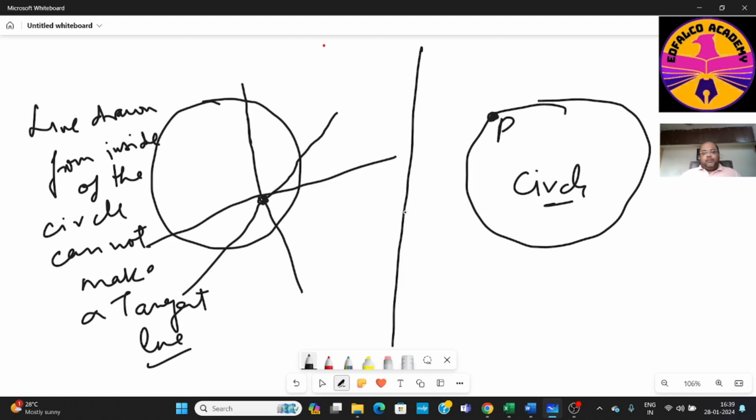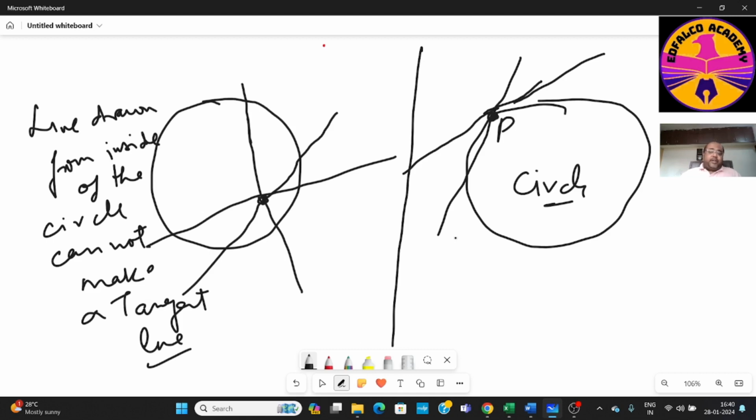In this case, one and only one tangent can pass, and that line will be this line, which actually touches the circle. A line like this, which is actually touching the circle, will be your tangent. Obviously, multiple lines can pass, like this also it can pass, but this will not be a tangent.